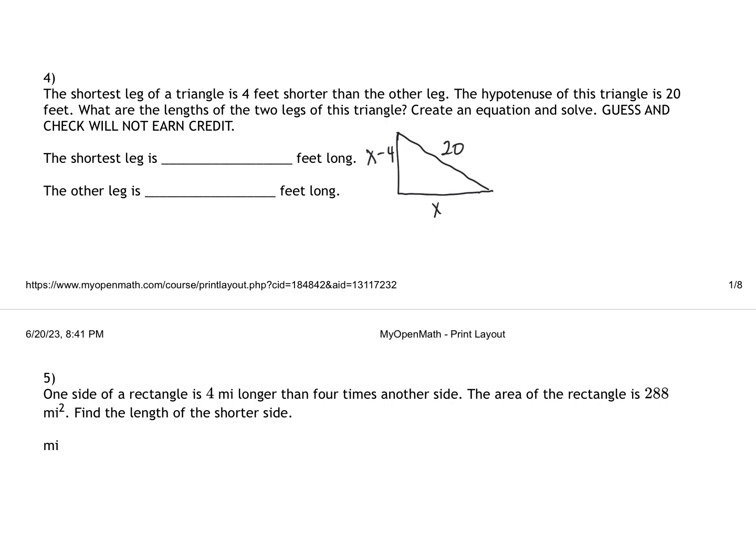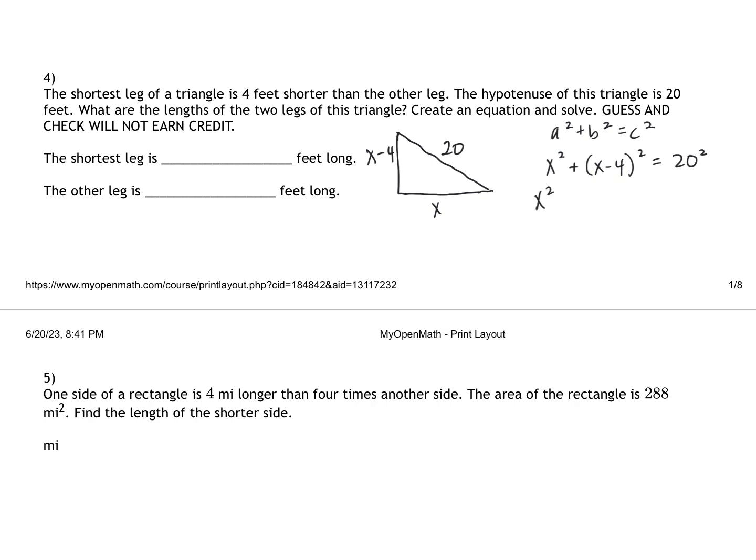Okay, so we're going to use the formula a squared plus b squared equals c squared, where a and b are legs and c is the hypotenuse. So this will be x squared plus (x minus 4) squared, and c is 20, so 20 squared.